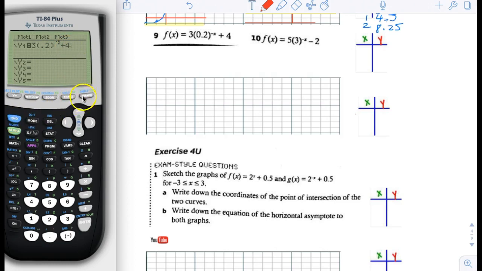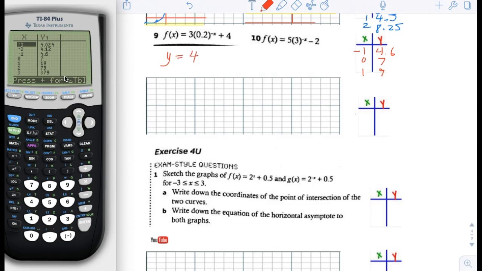Let's check out our data table. So for 9, we're going to put negative 1, 4.6. Put 0, 7, 1, 19. Okay, and our horizontal asymptote is y equals 4.